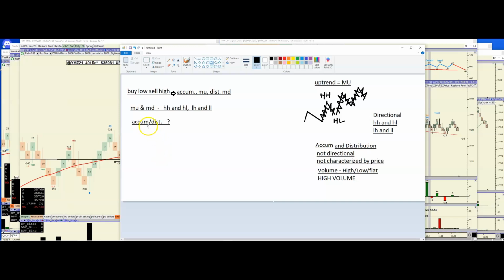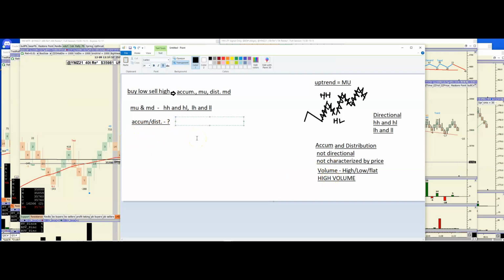And this key description is that it's high volume. The area of accumulation and distribution always has high volume. All right. So this is the argument. And you should know now the next thing I'm going to describe, okay?